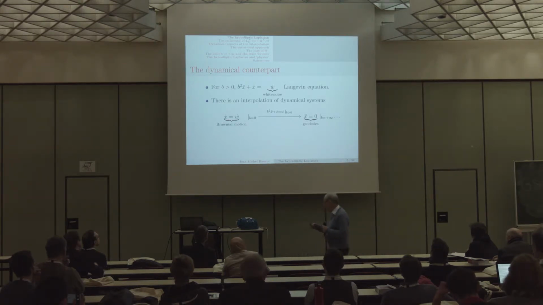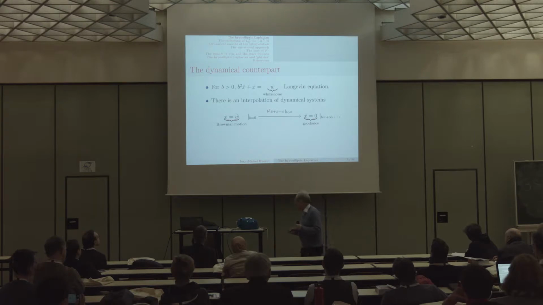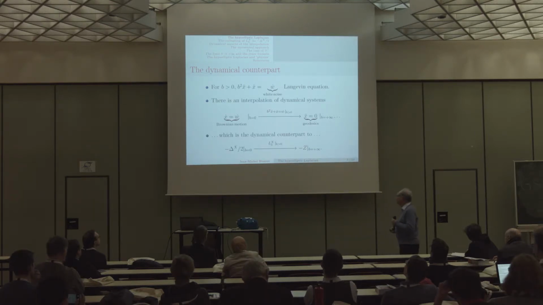It is extremely non-smooth, nowhere differentiable, and so on. And for b equals infinity, you get exactly the equation of geodesics. Now, this interpolation is the dynamical counterpart to the interpolation between the Laplacian and the geodesic flow through this family of operators L_b^X.